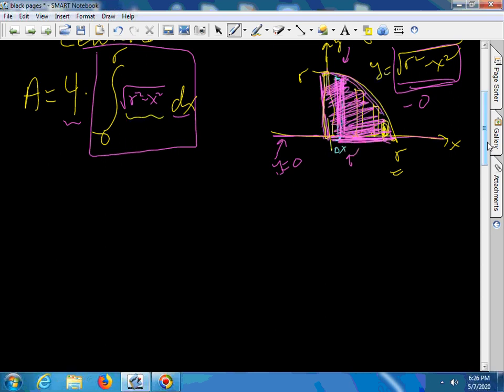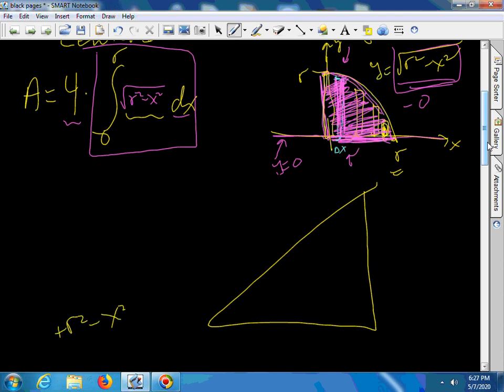So it's just a matter of evaluating this integral. Now, whenever you have r squared minus x squared, or x squared minus r squared, or x squared plus r squared, trig substitution. Make a triangle. And when it comes to r squared minus x squared, the r squared is a positive term. So the square root of that always goes on the hypotenuse.